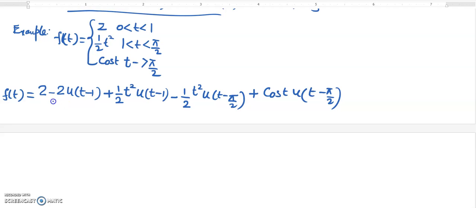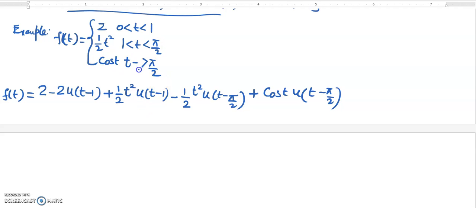That means the combined value of these two terms will be 0. How about this? Because now t is greater than 1, so this term is 1, so it will be half t square. However, these two terms will be 0, so the only term remaining will be half t square. Okay, so now I have shown this one.